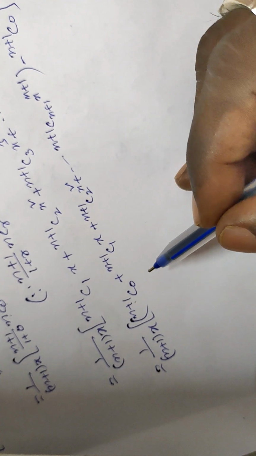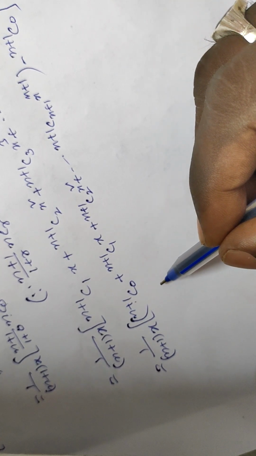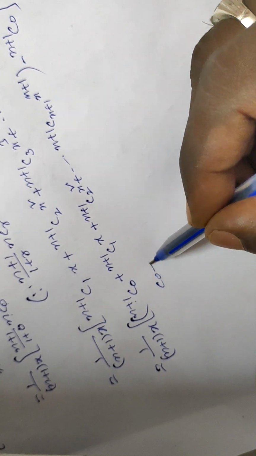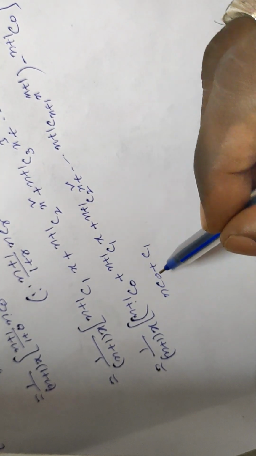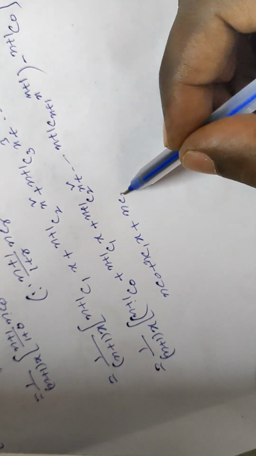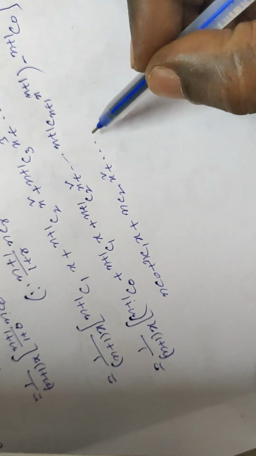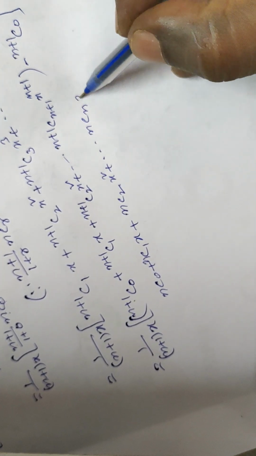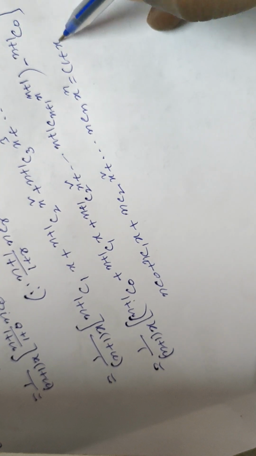We know that nC0 plus nC1 into x plus nC2 x square plus and so on, nCn x power n is equal to (1 plus x) whole power n.